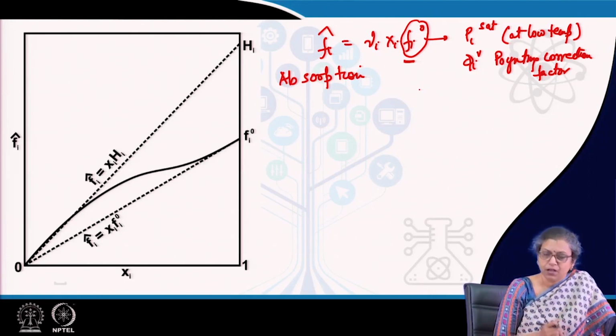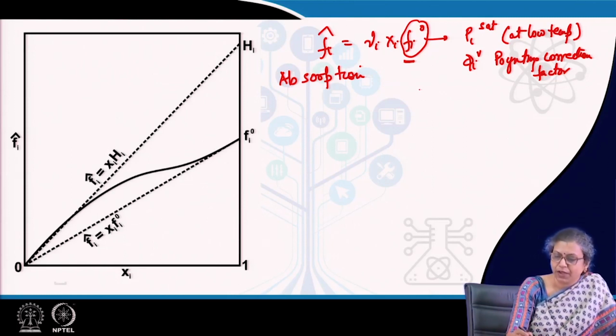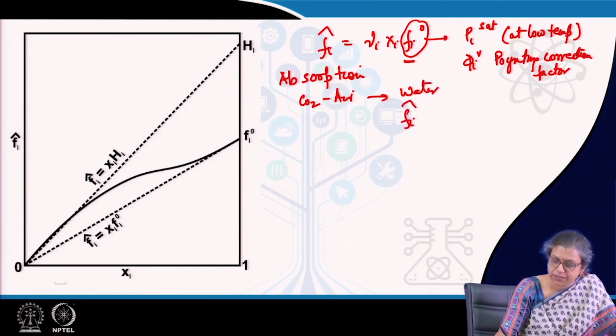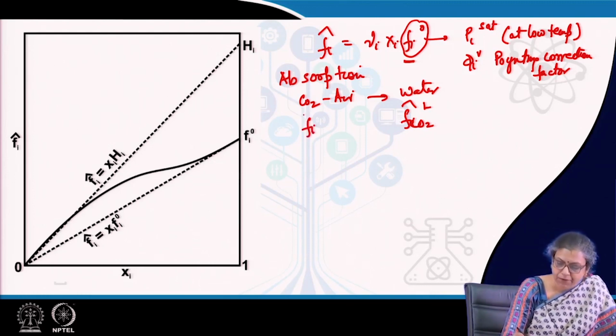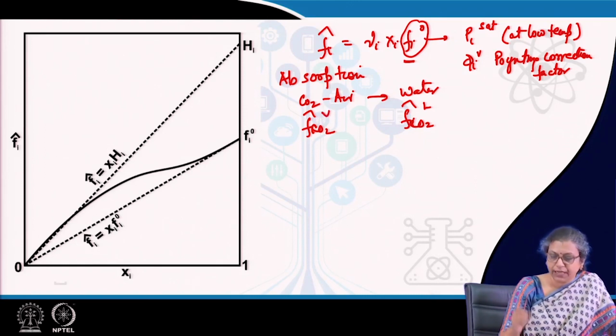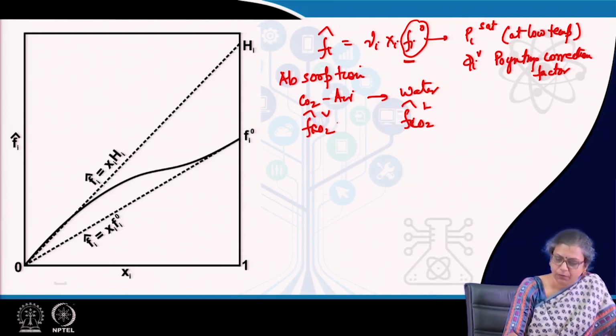So, by some means we need to find out, if it is carbon dioxide in air in contact with water, FCO2 in the water phase or the liquid phase, and FCO2 in the vapor phase, and then we need to compare to find out whether we can do absorption or not. For the vapor phase, it is not at all a problem.